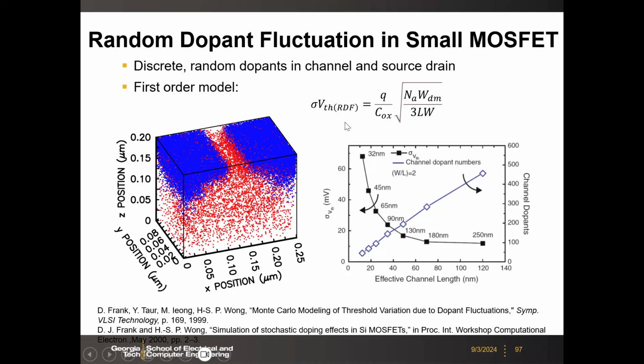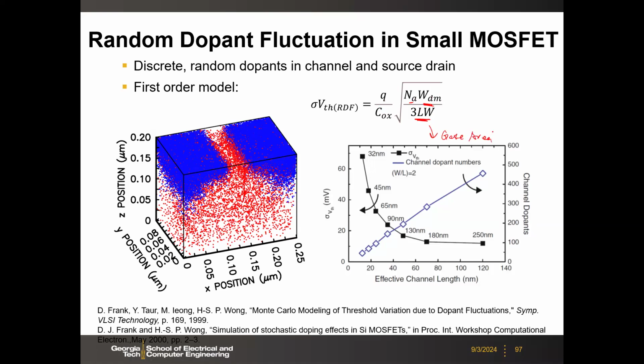To first order, the sigma of VTH due to RDF is given by this formula. What matters here is COX, the gate capacitance, NA, the doping concentration, and WDM, the depletion width. And then what matters is L and W, that is your gate area. Your gate area.